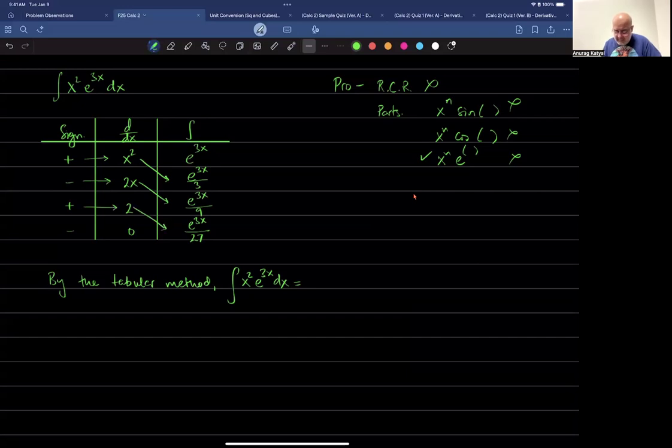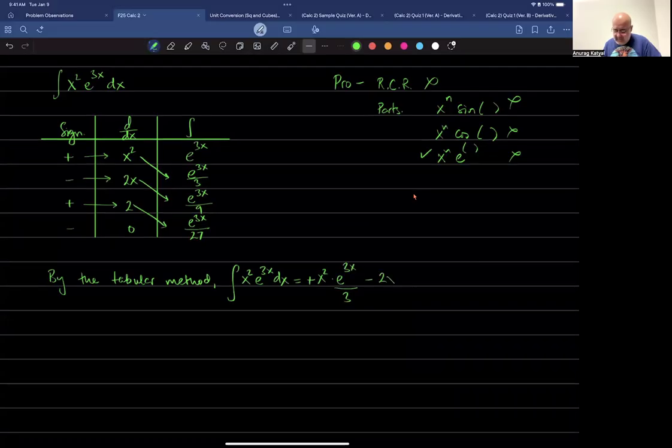So positive x squared times e to the 3x over 3, minus 2x times e to the 3x over 9, plus 2 times e to the 3x over 27.